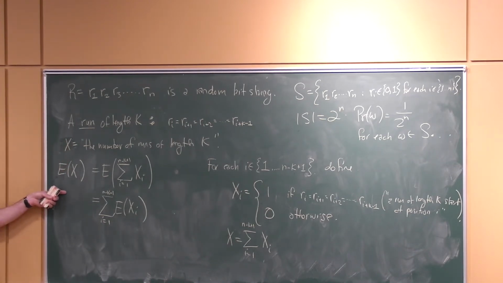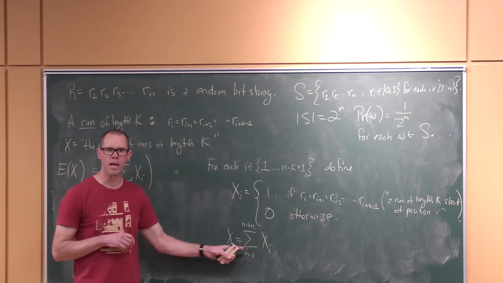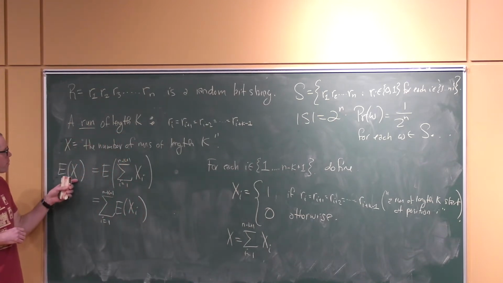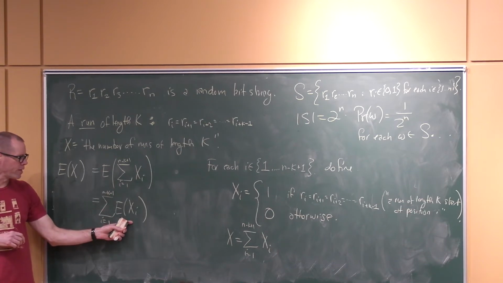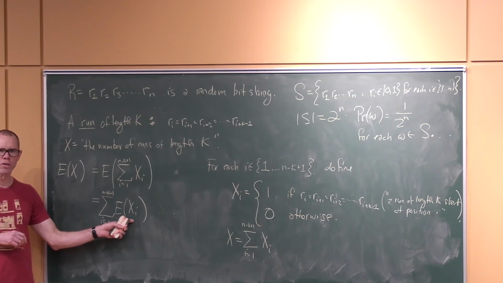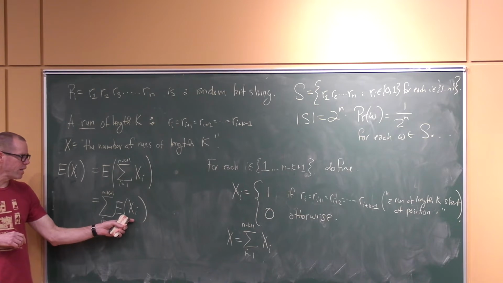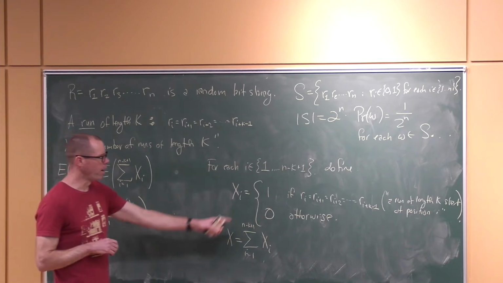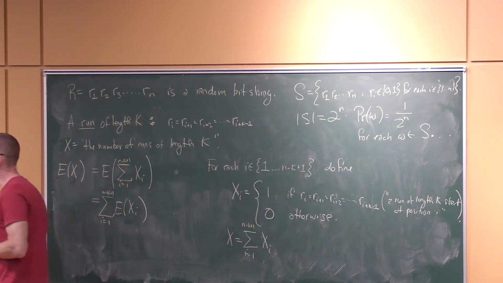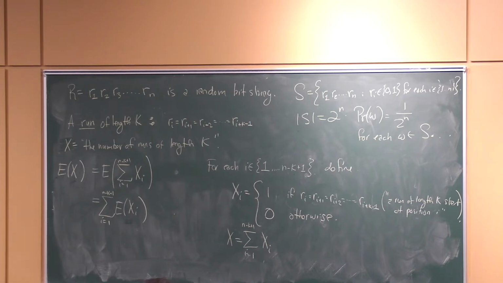This is always the recipe that we use. We take the thing we want to know, x, and break it up into indicator random variables so that when you sum those, that's the same thing as x. Then the expected value of x is the expected value of the sum. Now we use linearity of expectation to say we only need to compute individually each of these expected values. And the nice thing is, these are really simple random variables. xi is either 1 or 0. If we want to know its expected value, we just need to know the probability that it's equal to 1.